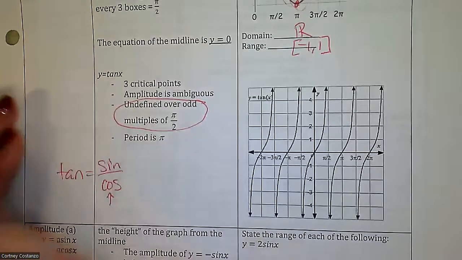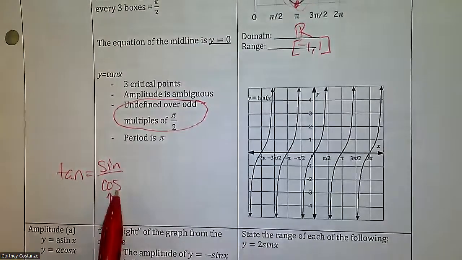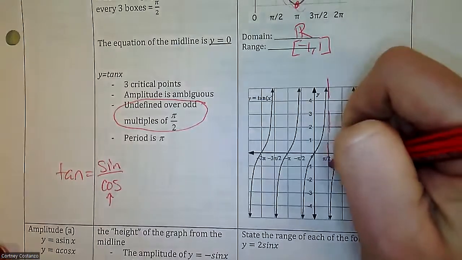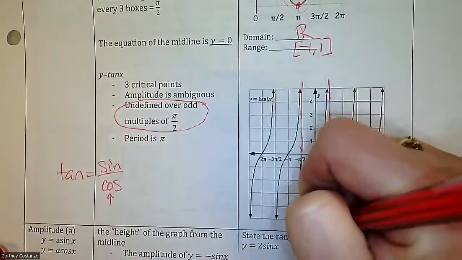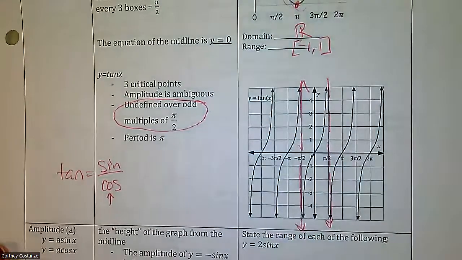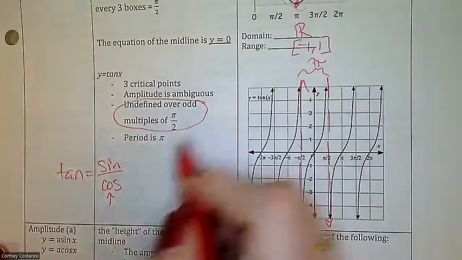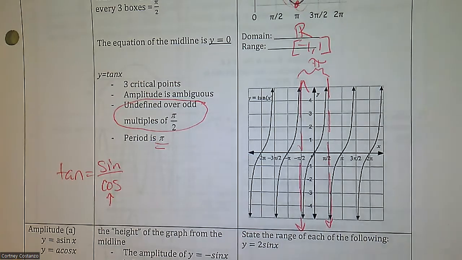So basically what's happening is cosine is 0 at 90 degrees. And so that's why we have these asymptotes happening at every odd multiple of 90, which means one tangent curve fits in the space of pi, which is why the period for tan is pi, but the period for sine and cosine is 2 pi.